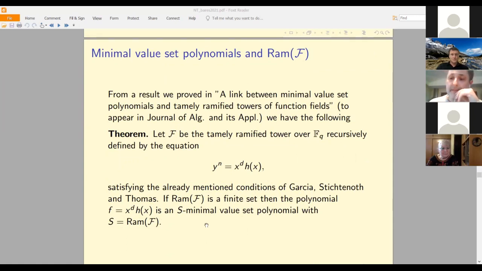So here again this ramification set gives a strong qualitative property of the polynomial defining good towers. It was sort of surprising to find this connection between value set polynomials and ramification sets.